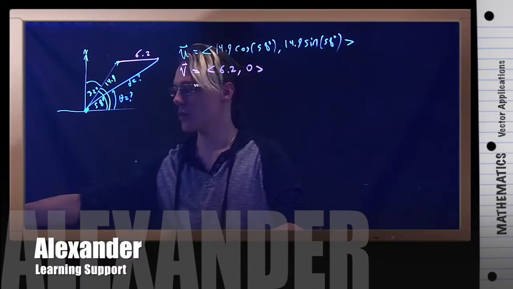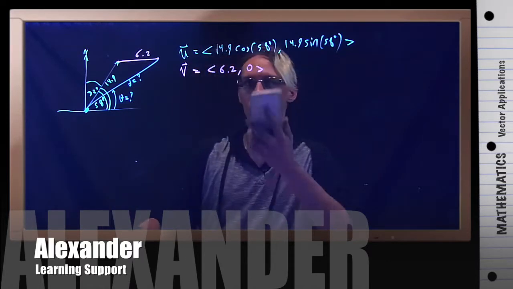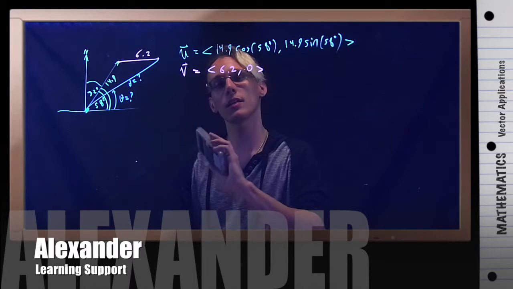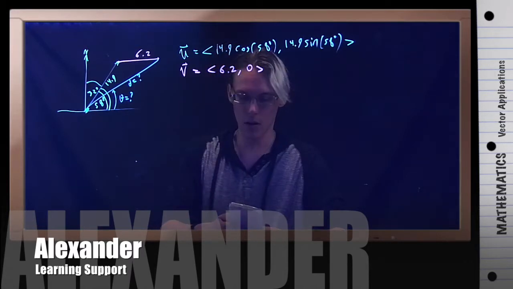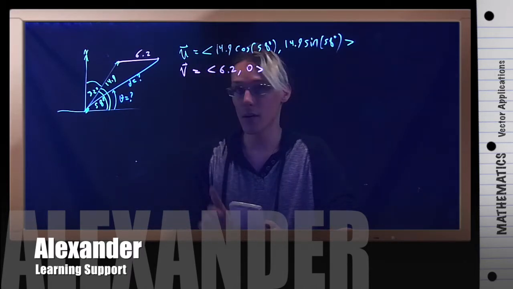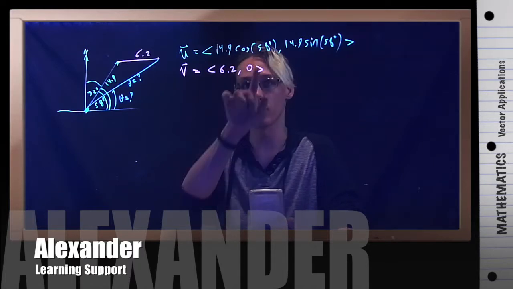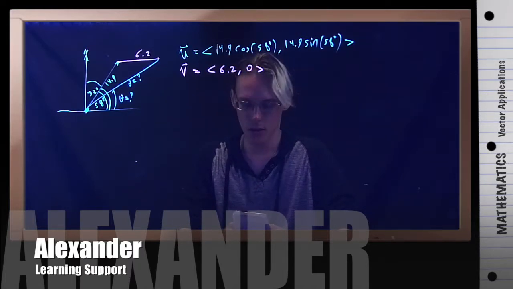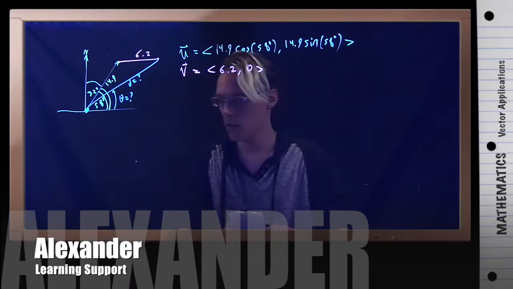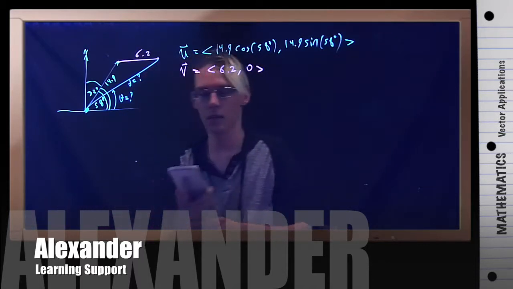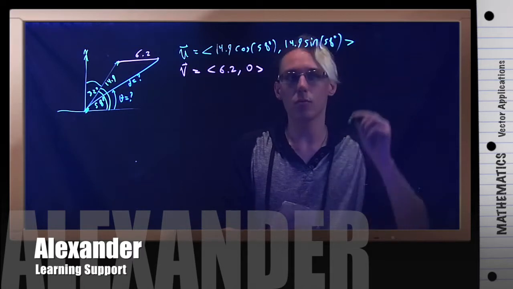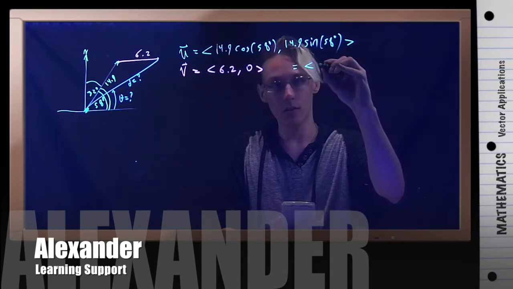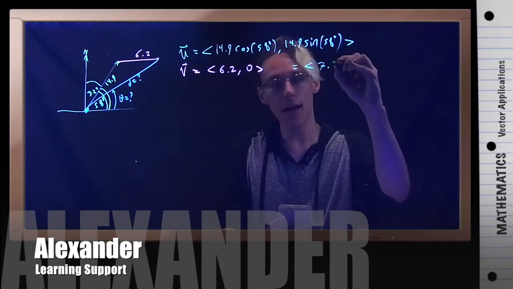So first things first, I'm going to use my handy calculator to determine what 14.9 cosine of 58 degrees is and what 14.9 sine of 58 degrees is. So in doing so, I make sure my calculator is in degree mode, and then I do 14.9 cosine 58, close parentheses, and I get, rounding to 3 decimal places, 7.896.